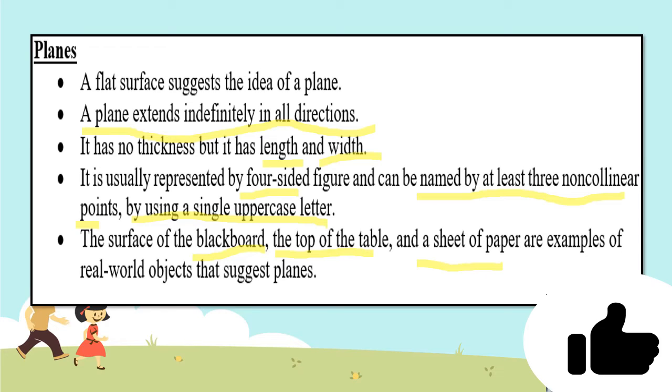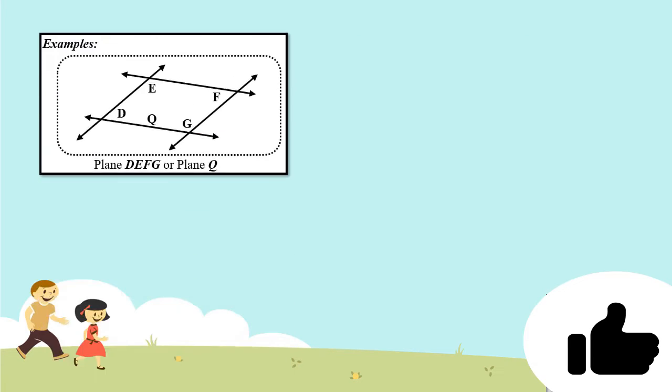Those are real-world objects that suggest planes. Please take note of that. I will give you an example of a plane. As you can see in the first figure, that will be named plane DEFG, or it can be called plane Q.